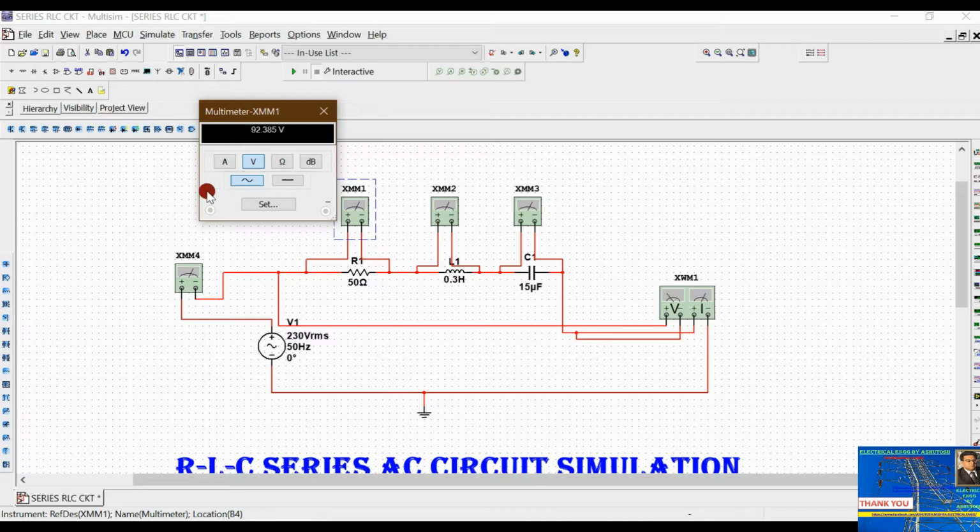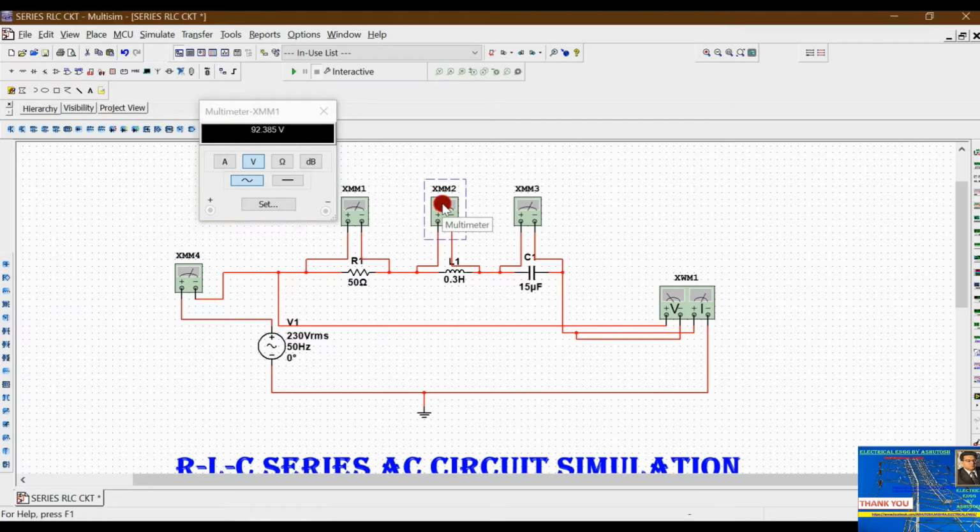If you highlight this one, it will work as an AC voltmeter. In a voltmeter there will be a dashed line for DC and an alternating symbol for AC. So I already highlighted it, then selected voltmeter.